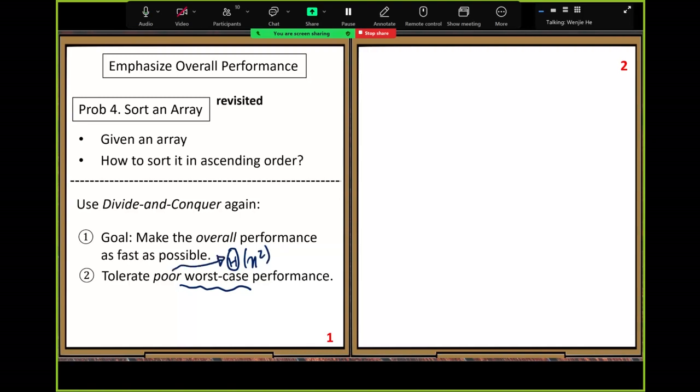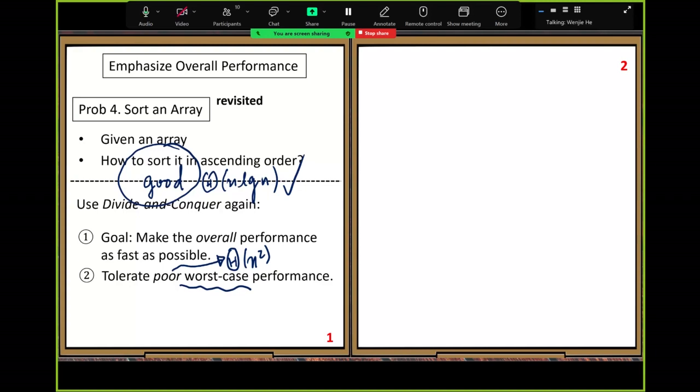It's not poor if you have big theta of n log n. That's the good one, really good, the best we can get, so we cannot say poor. But n squared, you can say poor worst case performance.